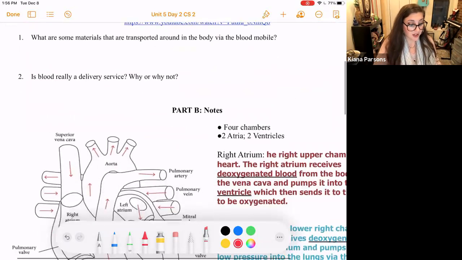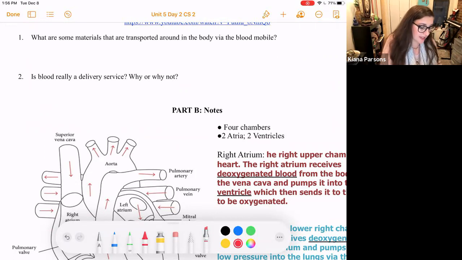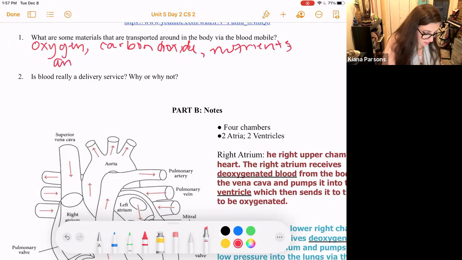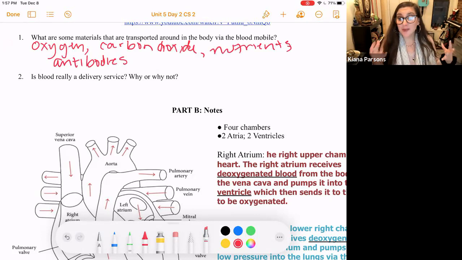So what are some materials that are transported around the body via the Bloodmobile? That's oxygen, carbon dioxide, nutrients, antibodies, and basically any other materials that need to move throughout our body. The Bloodmobile is the delivery service, it's a catchy song, that provides these materials.